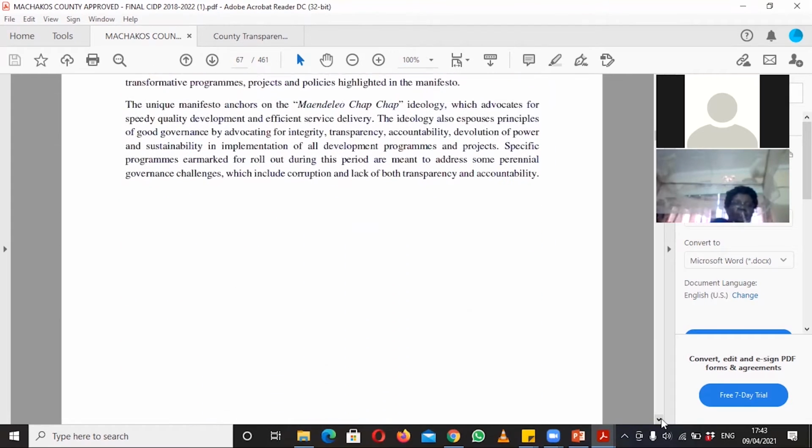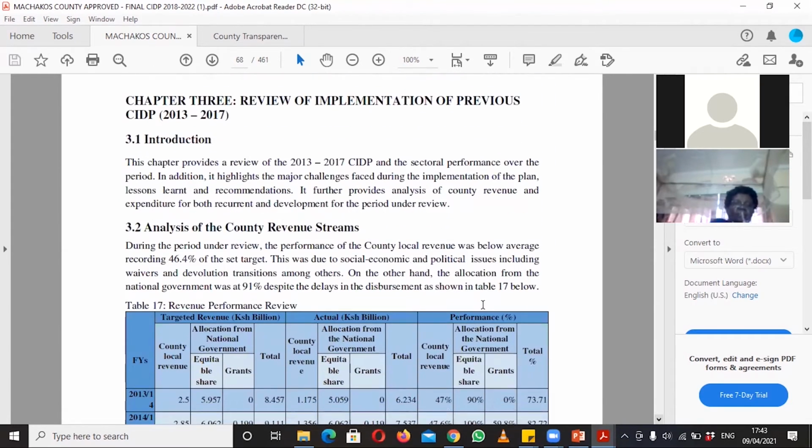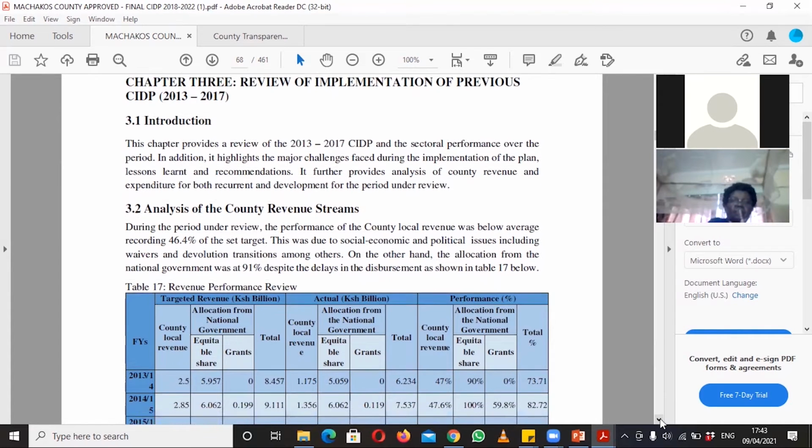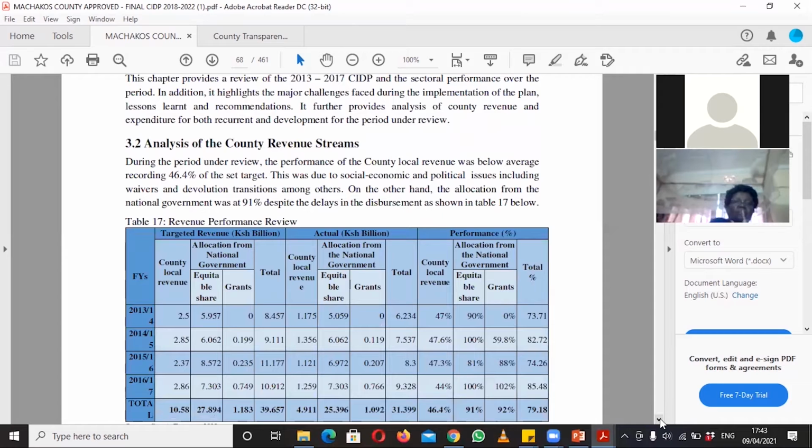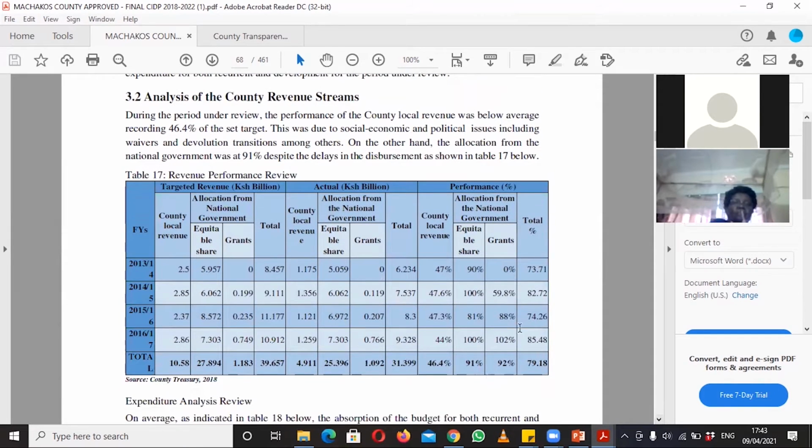Now we are going to see an overview of chapter 3. Chapter 3 looks at a review of implementation of the previous CIDP. The CIDP has to show the revenue streams. You remember in the previous meeting that we went through this presentation and you saw the county has 3 sources of revenue. One is the county local revenue, which is own-source revenue.